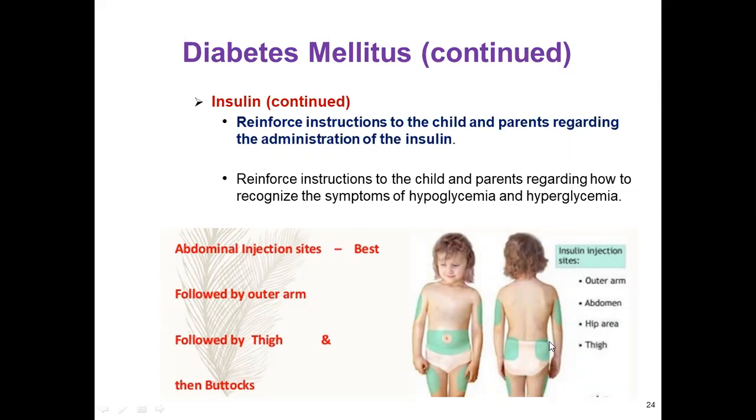So abdominal injection site should be the best, followed by outer arm, followed by thigh, and then buttock. So like in this picture, if the patient gave the insulin on the left side, tell them next time to use the right side. So rotate the subcutaneous injection site to prevent lipohypertrophy.